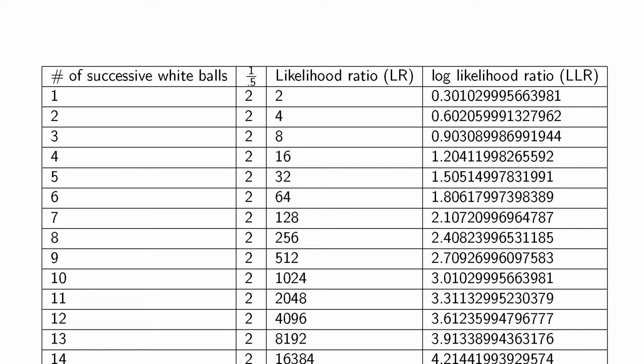Two in succession is going to have a likelihood ratio of 4, and so on and so forth. Then you look over there, and those are the log likelihood ratios. So for example, if you're evaluating the strength of evidence and it has a log likelihood ratio of 3, you think, well, what does that mean? Well, that's like the selection of 10 successive white balls in a row.